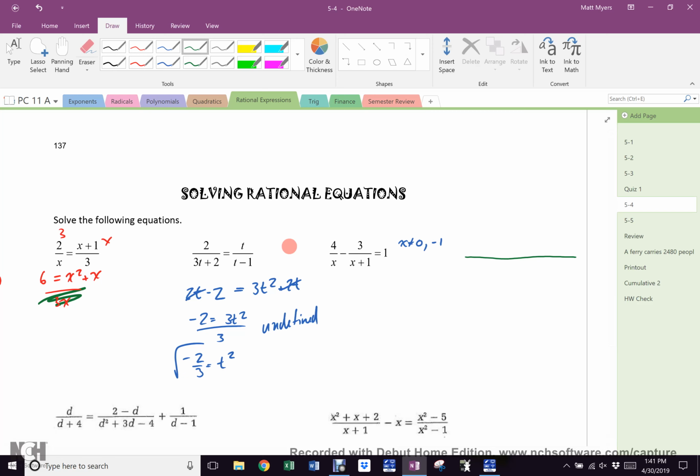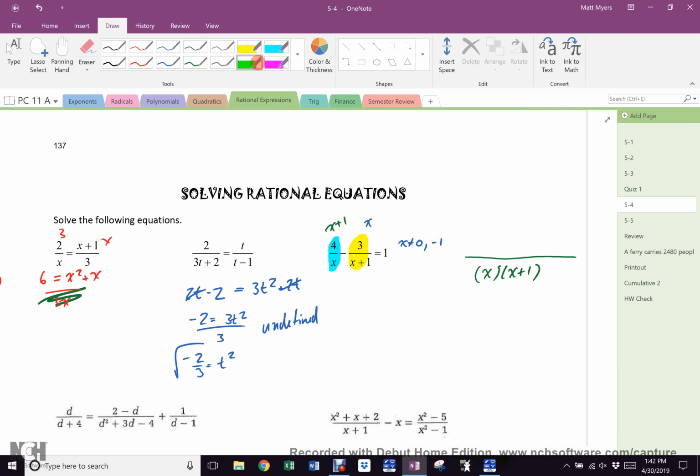What are we doing with number 3? Common denominator, absolutely right. Harkirat, what is it? x and x plus 1. What does this term need? x plus 1. What does this term need? x.